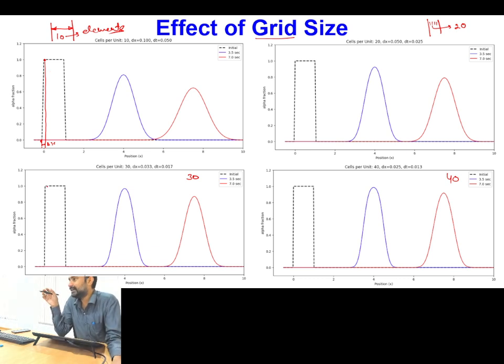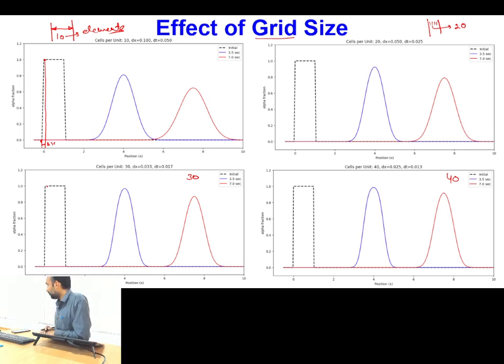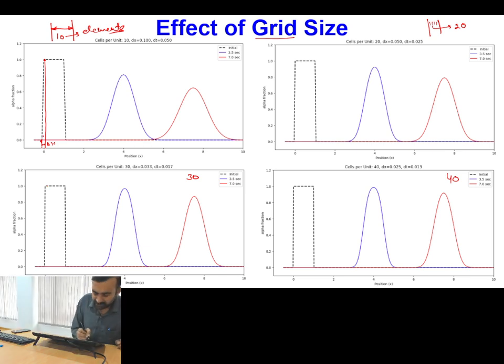So it means that if my grid size in a multi-phase flow problem is not sufficient, then from the start, at t equal to 0, we will have a certain amount of error. In actual practice, this should appear straight theoretically because it's a slug, but if your grid size is large, you will find some error at the initial point itself.